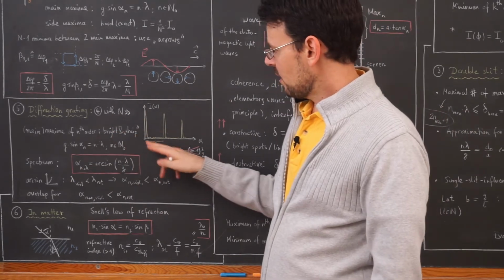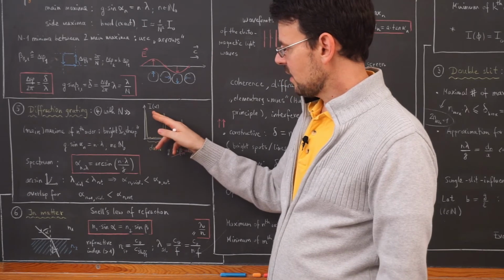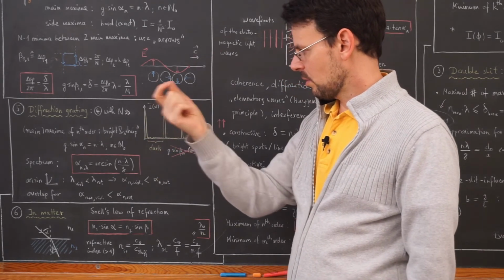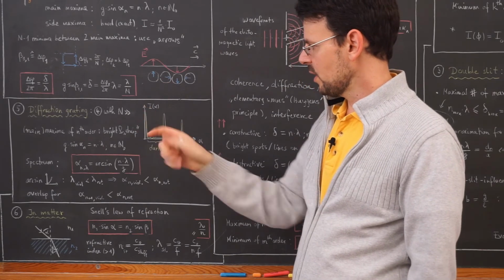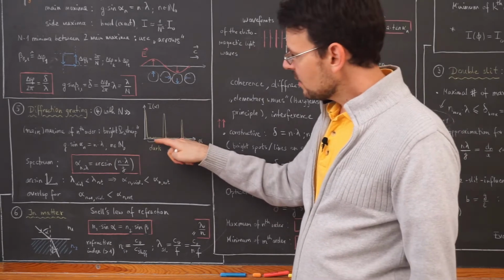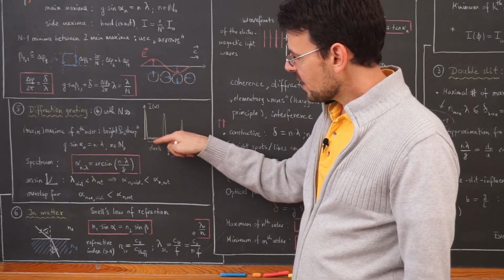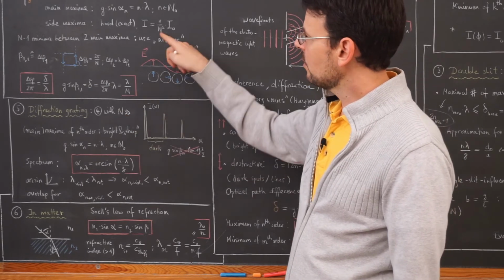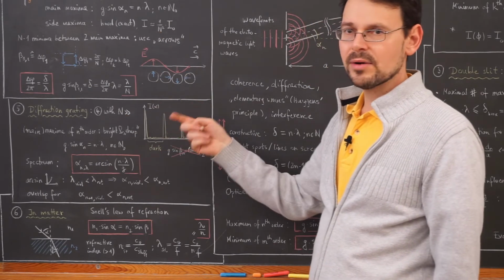So as I said, here in the intensity curve, there are some peaks corresponding to spots of light on your screen, and in between there's complete darkness. Theoretically, there would be a lot of side maxima and minima, but they are so small. Remember, they go with 1 over n squared in the intensity.